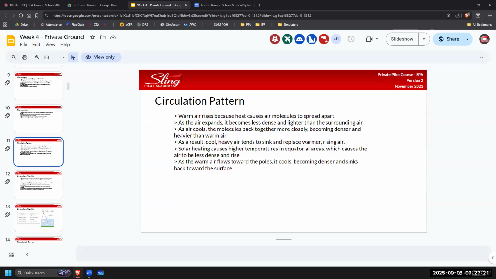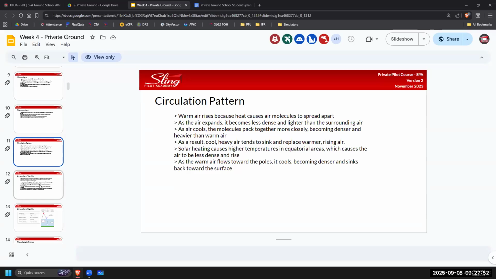We'll get to this later in the week, but the point is, around the equator, higher temperatures mean that air is going to rise at the equator and then start moving north towards the pole. And for most of today's class, we're just going to talk about the northern hemisphere because that's where we're flying. The southern hemisphere is going to be opposite to all of this, but does everyone understand the equator to begin with?